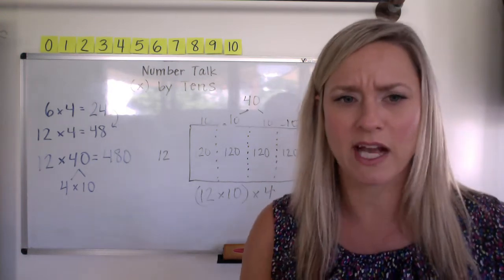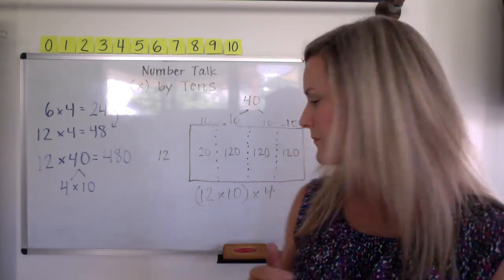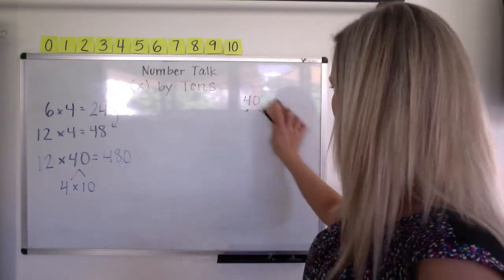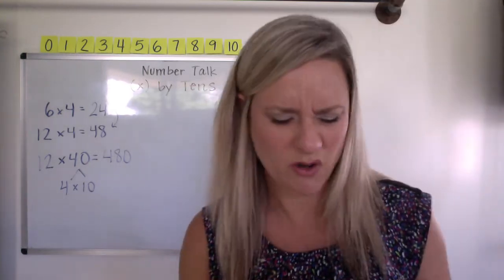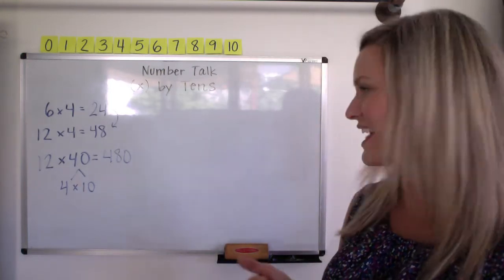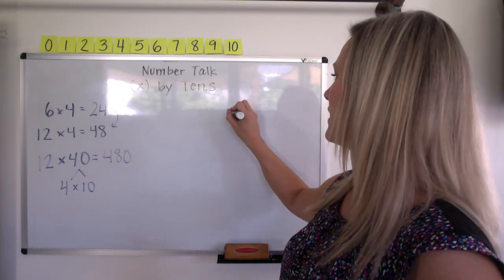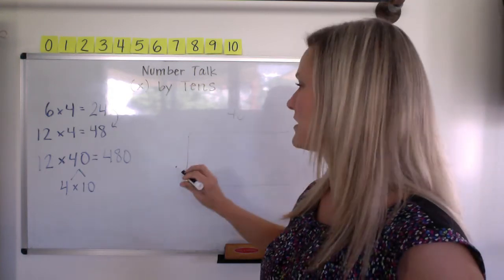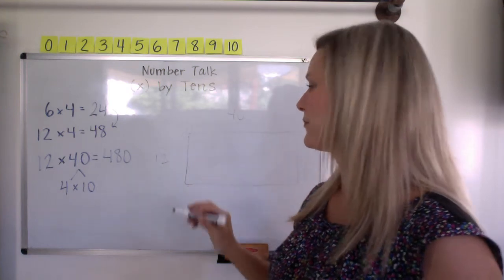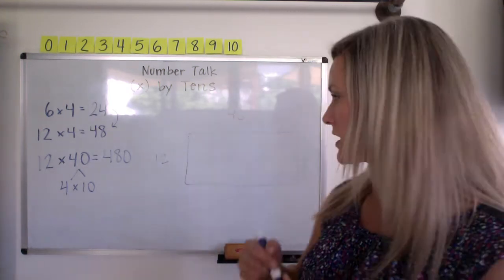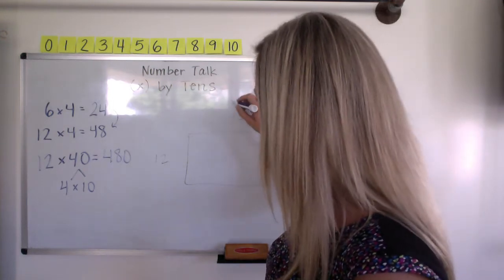I have one more guess. Let's see if I can get this right. I think I'm going to leave it with an area model, but I'm going to get crafty in the other direction. I'm going to split up the 12. Did anybody do that? So let's see. We've got 40 up top and our 12 on the side. But maybe you can barely see that, you guys. My marker is on its death's door.